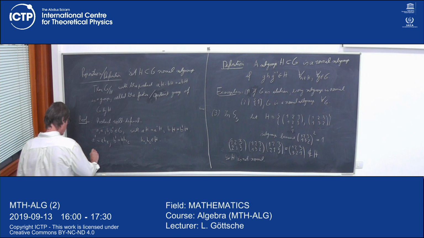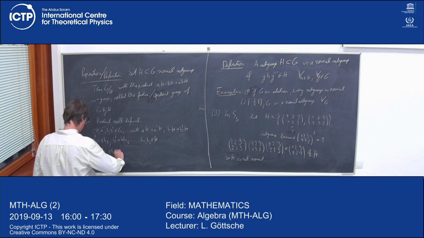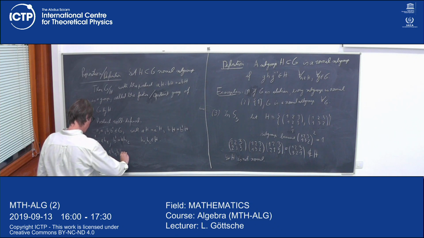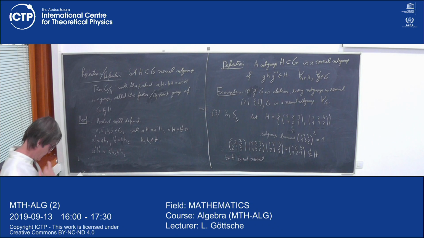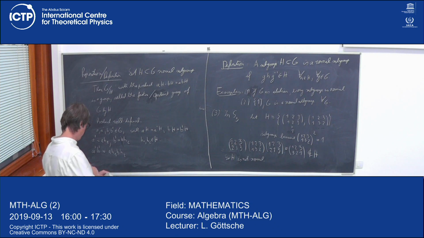So if we take now a'b', this is therefore equal to a h1 b h2. Now we have to multiply in a nice way with 1, I expect.